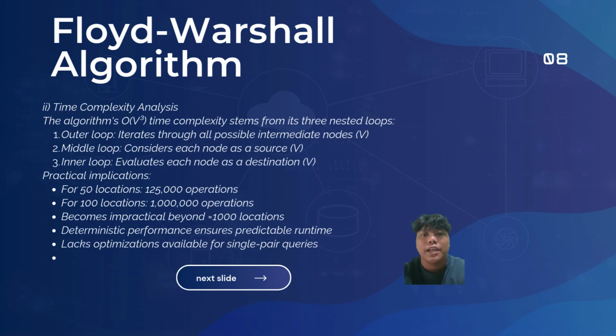Time complexity analysis. The algorithm's O(V^3) time complexity stems from its three nested loops. The outer loop iterates through all possible intermediate nodes. The middle loop considers each node as a source, and the inner loop evaluates each node as a destination.